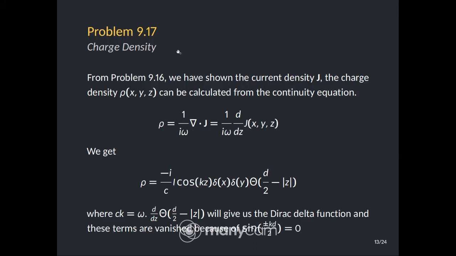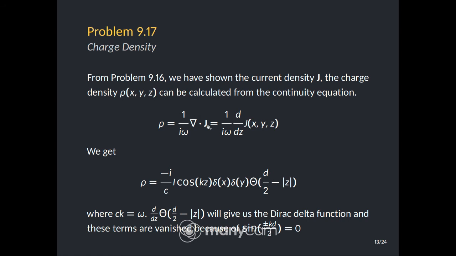So to calculate the multipole moments, we first need to calculate the charge density. From problem 9.16, we have shown that the current density J can be written with the Dirac delta function, the step function, and sin kz. The charge density rho can be calculated from the continuity equation. Rho is equal to the divergence of J divided by i omega.